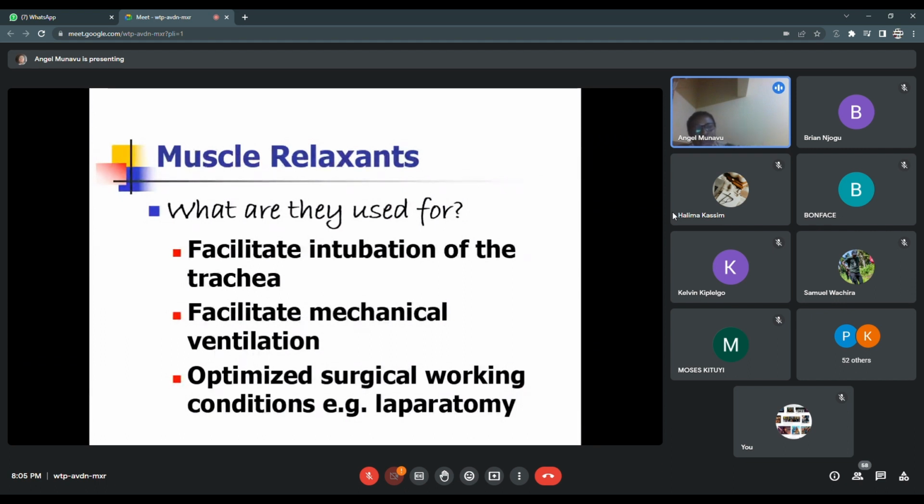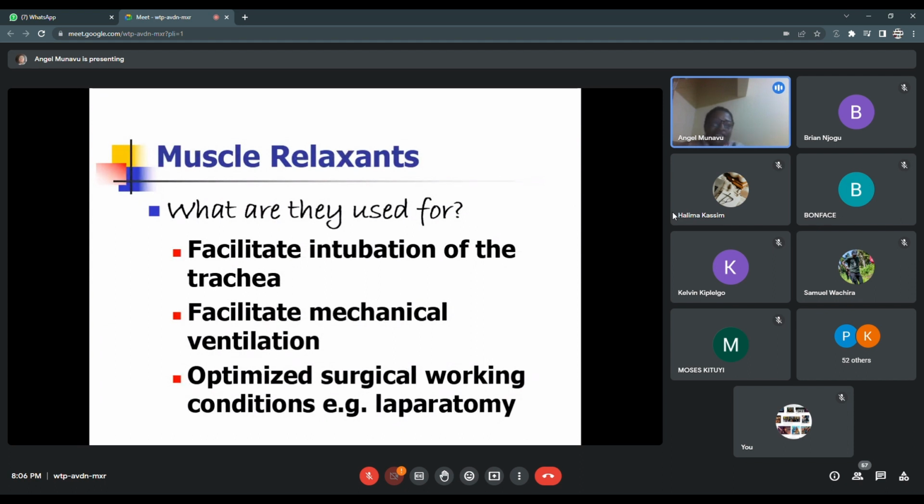An endotracheal tube goes through the mouth or through the nose into the trachea, so that you can give gases, oxygen and the volatile anesthetic through that tube, because we say they are inhalational. For you to be able to put that tube, what we call intubation, you need to relax the patient.